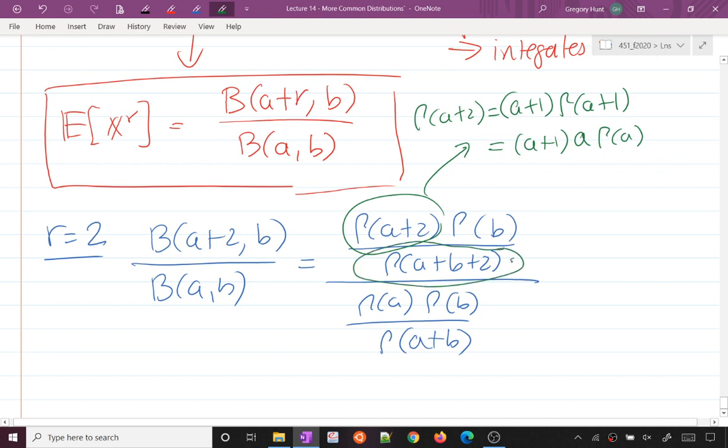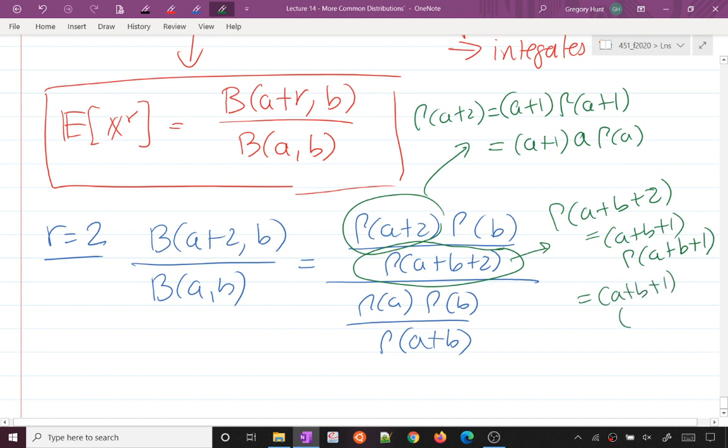And similarly, gamma of a plus b plus 2 is a plus b plus 1 times gamma of a plus b plus 1, which is a plus b plus 1 times a plus b, gamma of a plus b.